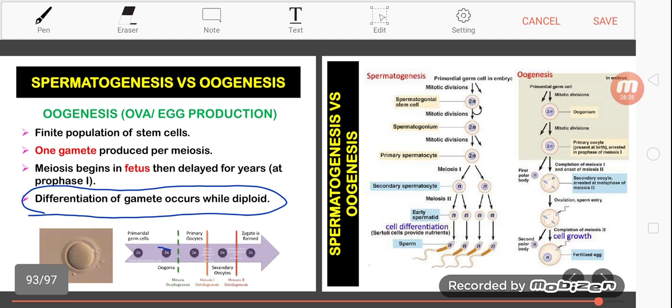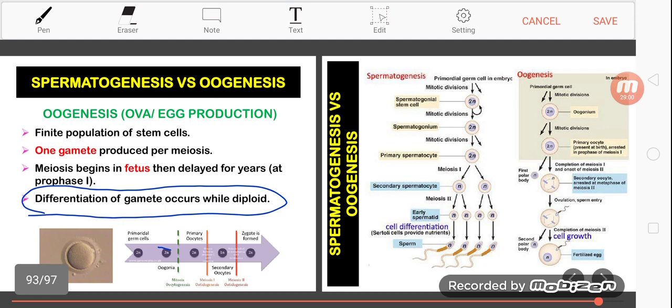Then they start to shed off excess cytoplasm. Before that, the Golgi apparatus packages the vesicle. That is differentiation in spermatogenesis.